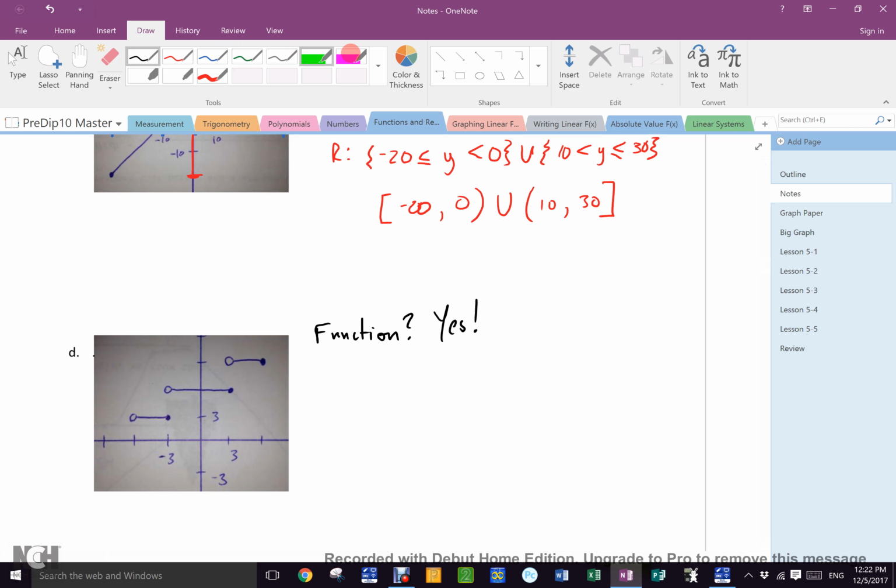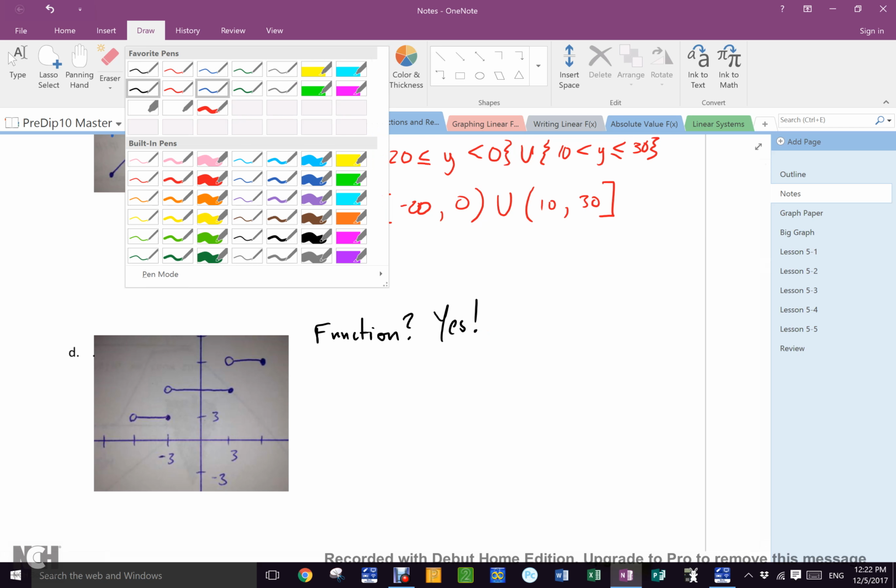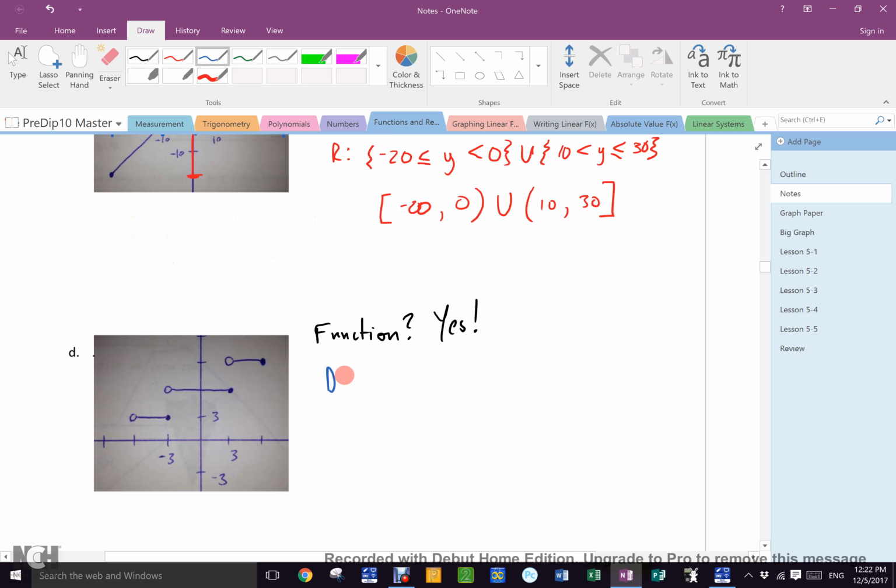All right, domain and range. Very, very tricky. Where do I start looking for the domain? On the x-axis. Where on the x-axis? As far left as possible, because I go in ascending order. What is the least value on the x-axis?